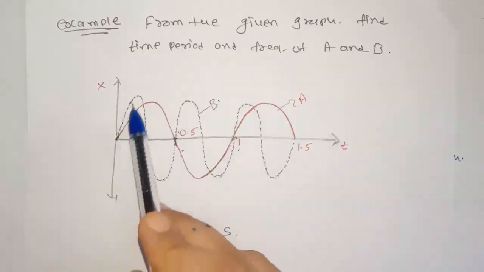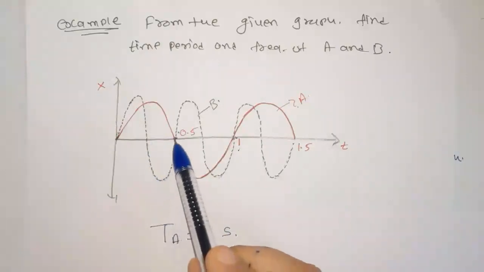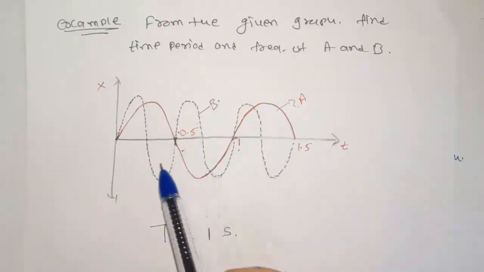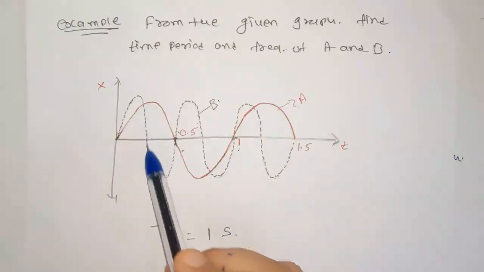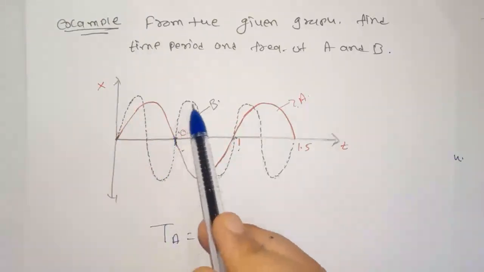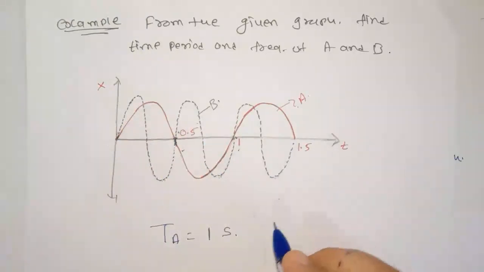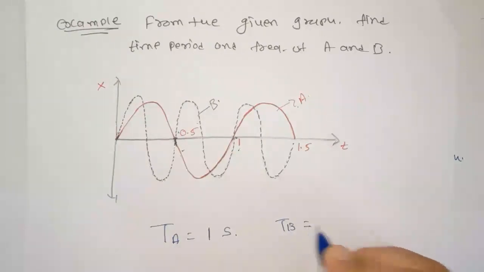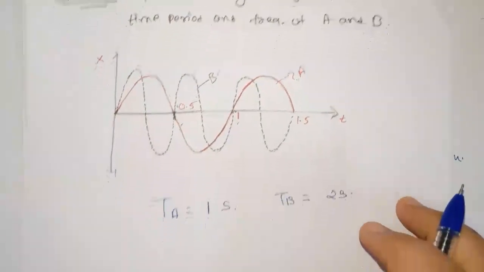Same way, if we see for B, it is repeating its motion after 0.5 second. So time period for B will be equal to 0.5 seconds.